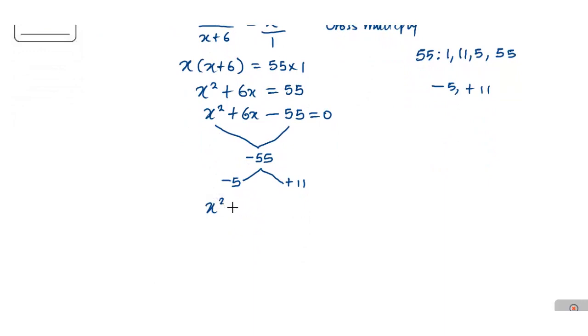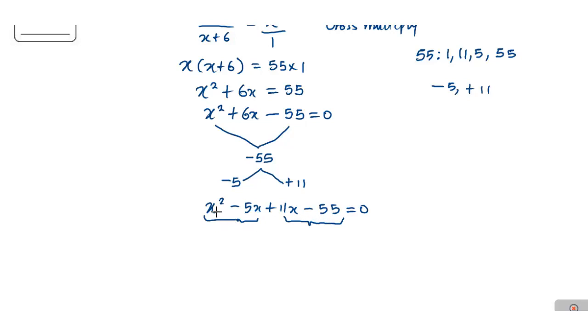So if we take it up, we now have x squared minus 5x plus 11x minus 55 is equal to 0. We are going to factor this term, and this term. As long as we decompose it correctly, the factor that will be inside the bracket here will repeat itself here.